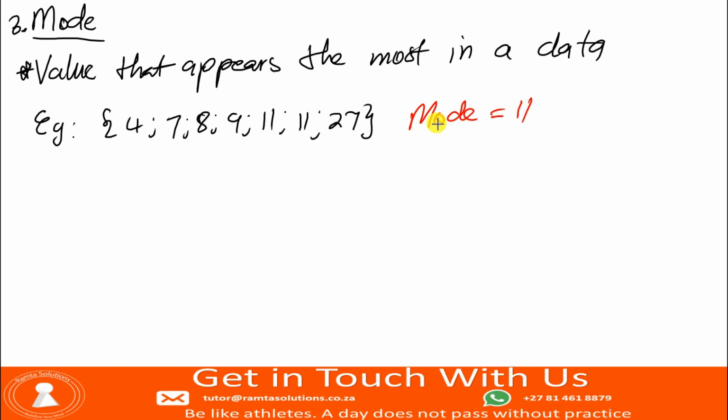This one here is unimodal, but when there are 2 modes, it's bimodal. If you have 11 appearing twice and 7 also appearing twice, your mode will be 11 and 7. If it appears 3 times, you must write those values too, value 1, value 2, and value 3.